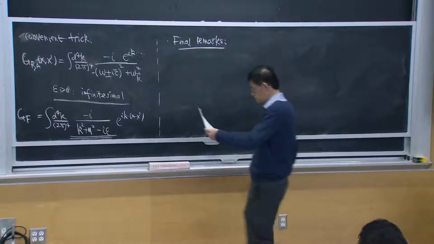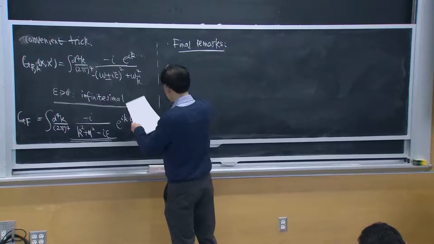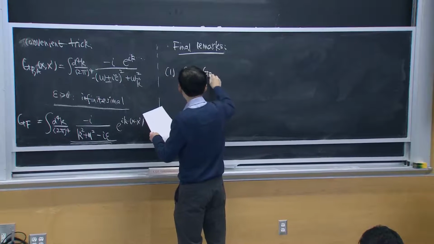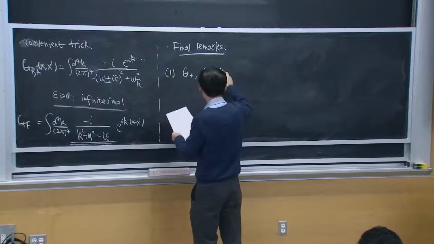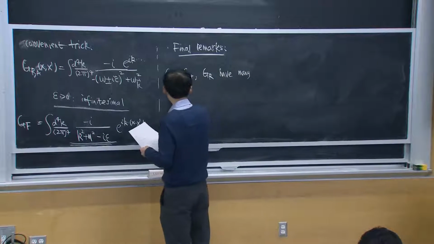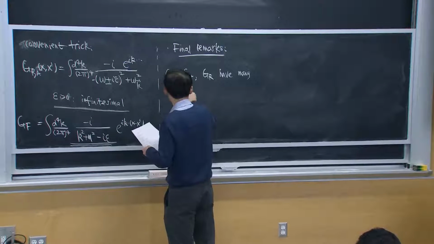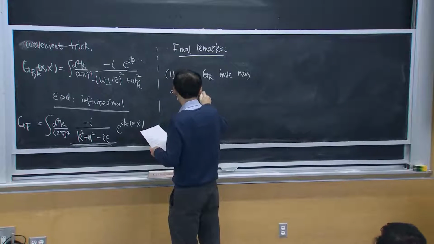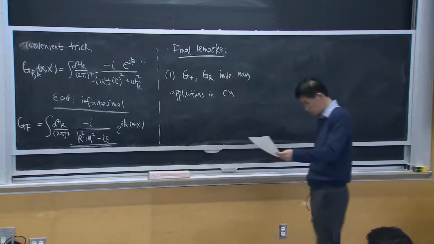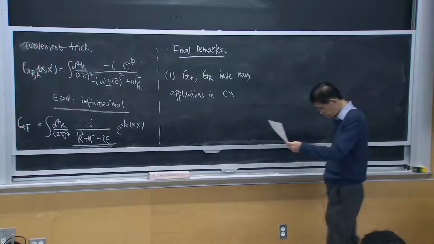As I mentioned, the G plus and the G retarded have many applications, say in condensed matter, so you deal with them all the time.